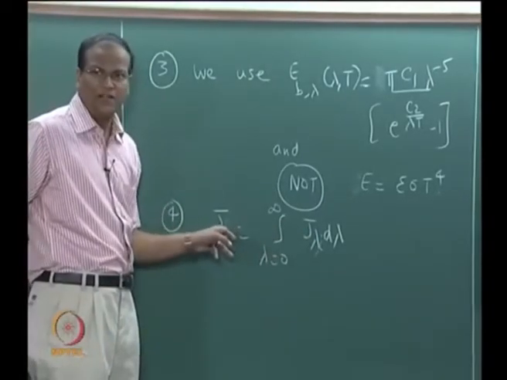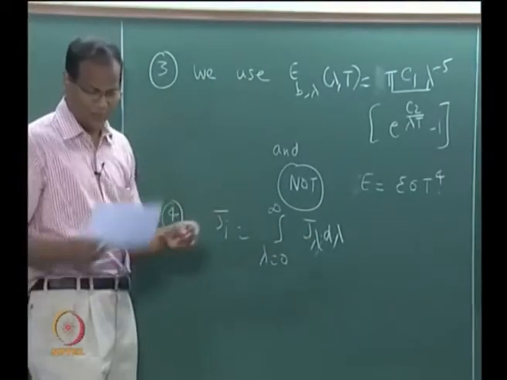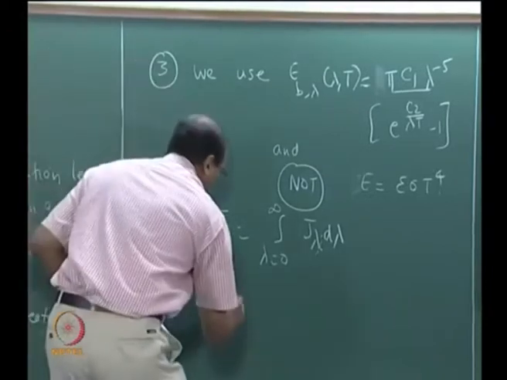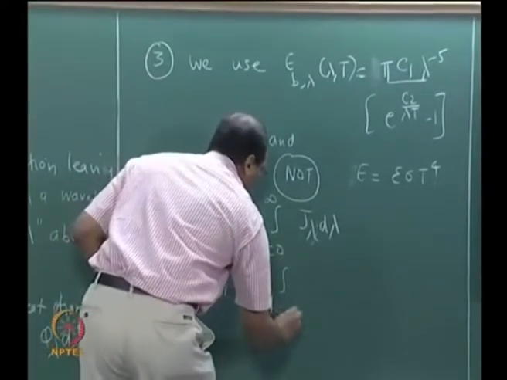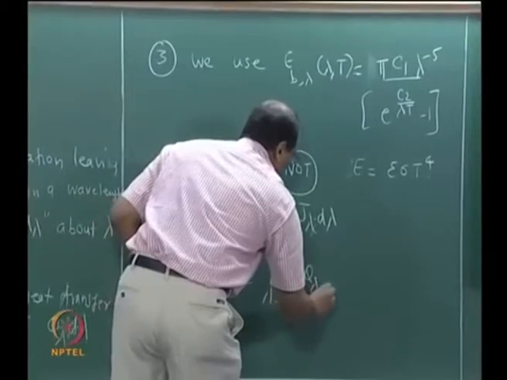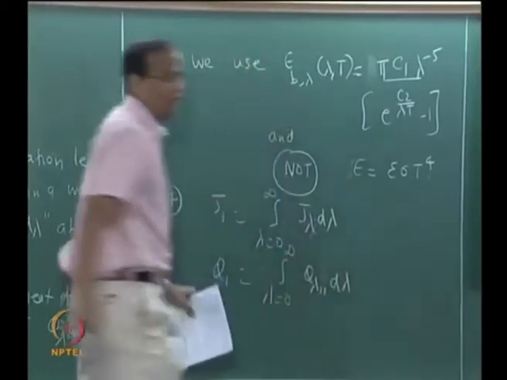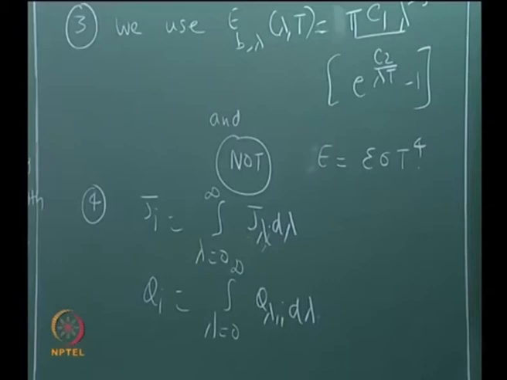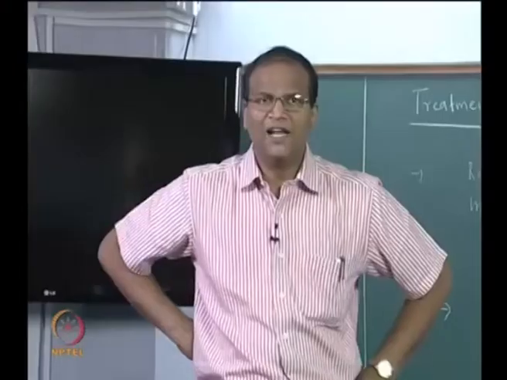If you want to get the total radiosity which we have defined earlier, it has to be done. Similarly Q i is the integral from lambda equal to 0 to infinity of Q lambda i d lambda. Fine. So this is for getting the radiosities.